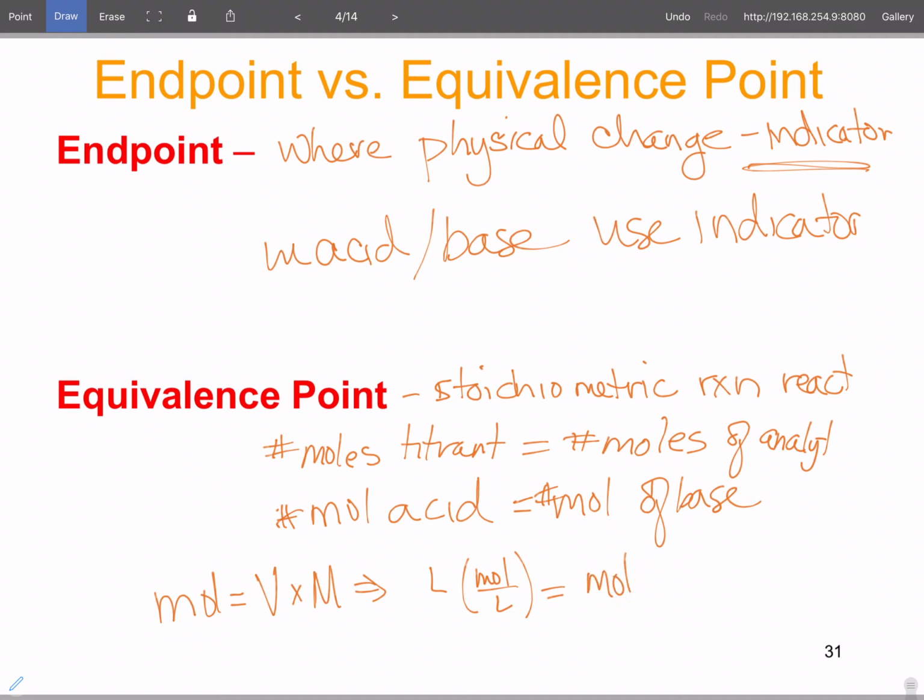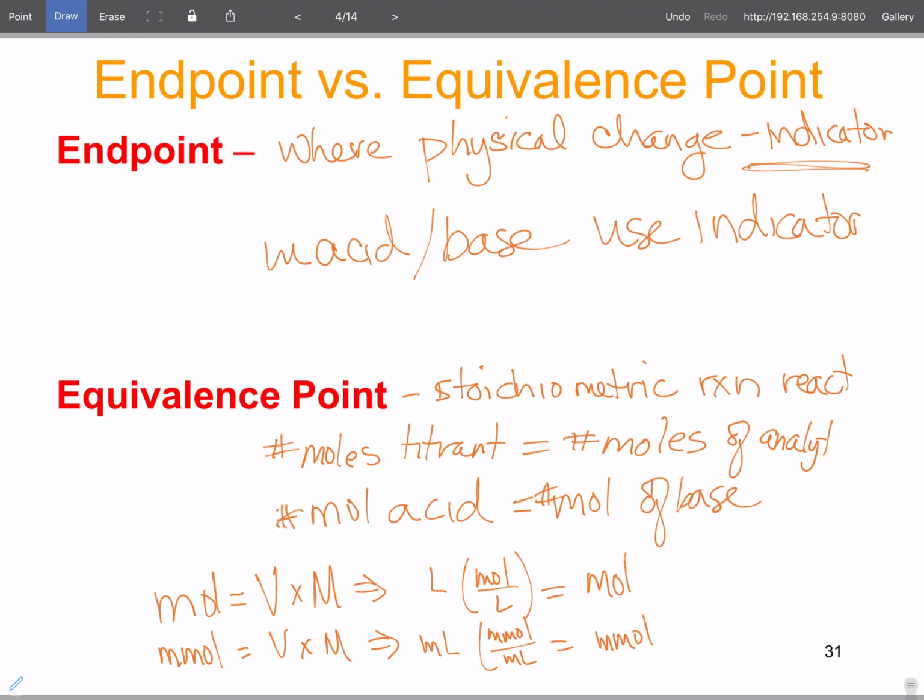Now, as we work problems later, we may do this in millimoles. I'm going to go ahead and put this here, and then I'll do it again, because that means you use the volume times the molarity still, but now you're using milliliters times millimoles over milliliters, which gives you millimoles.